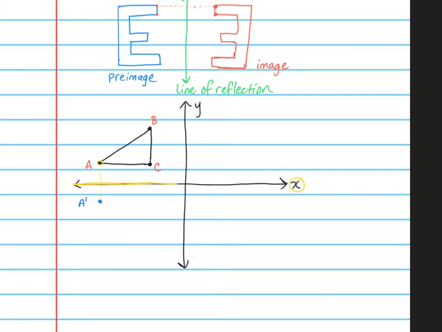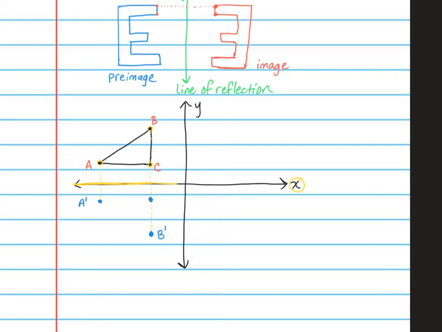We're going to do the same thing with our other two points. Let's take a look at where B is, and we're going to go to the line of reflection and then past it the same amount, which looks like it'll be about there. So this would be B prime. Then we start with C, and C prime would be right about there.